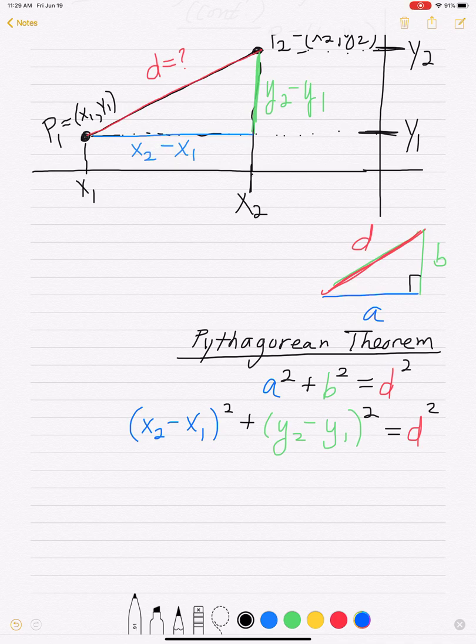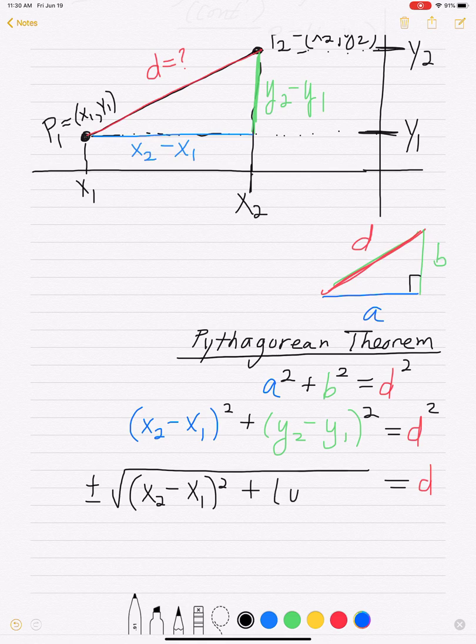If you remember solving power equations in the last chapter, chapter 2, we would drop the power, drop that square, and put plus or minus the square root. You have to put plus or minus initially because it's an even power. So you've got the square root of (x2 minus x1) squared plus (y2 minus y1) squared.